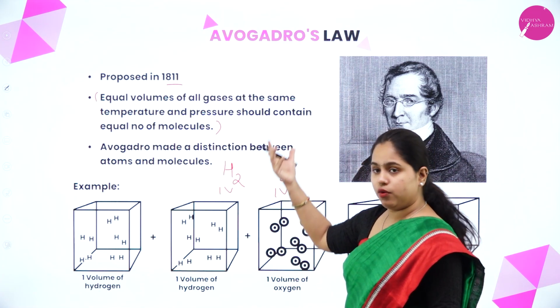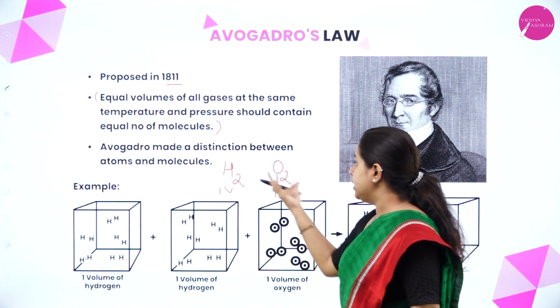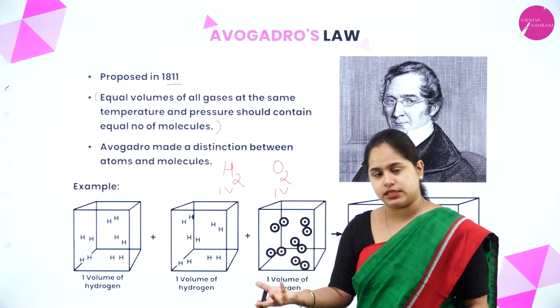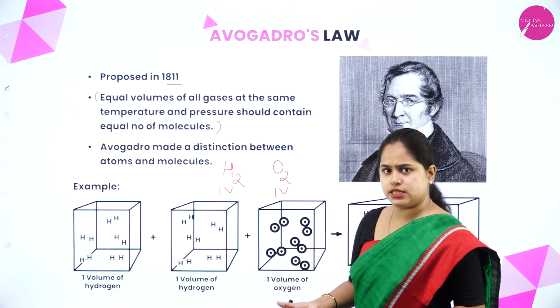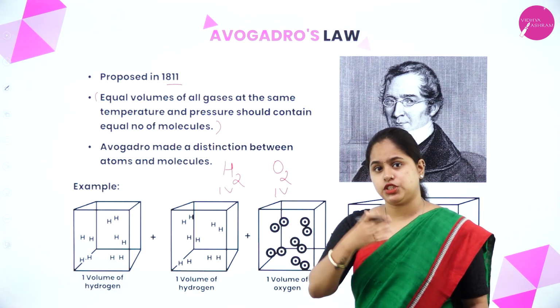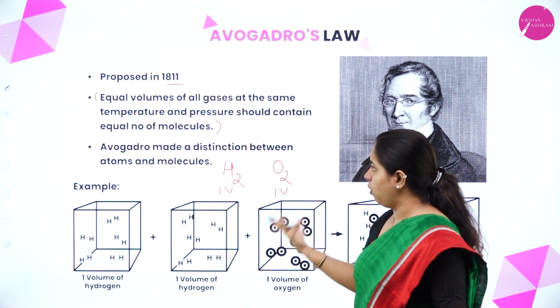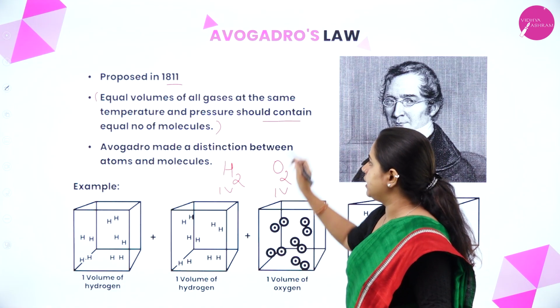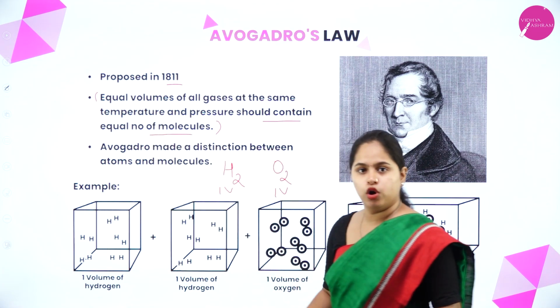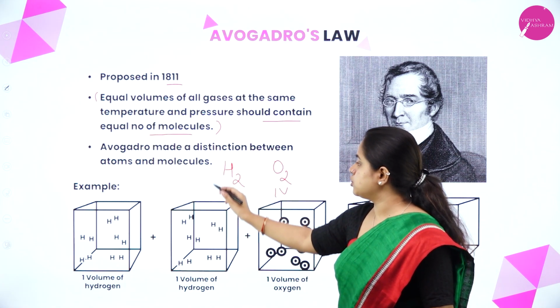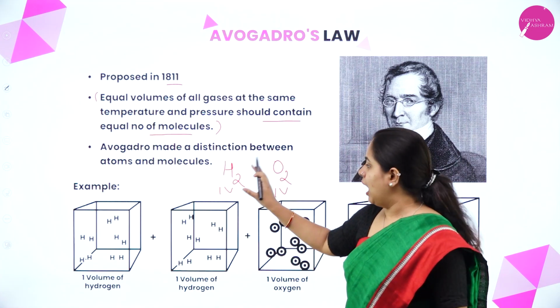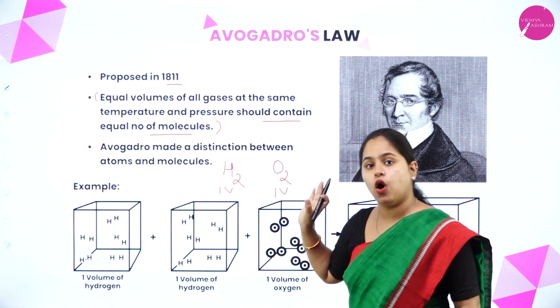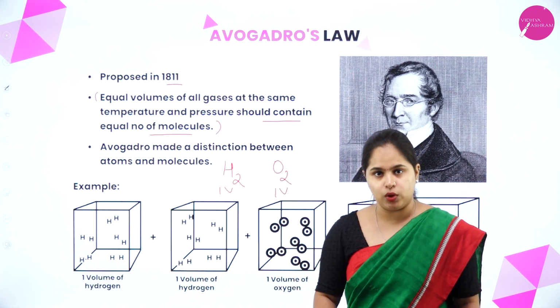According to Avogadro's law, if I am taking equal volumes of any two different gases under the same temperature and pressure conditions, they should contain equal number of molecules. So the number of molecules present in hydrogen and the number of molecules present in oxygen will be equal.